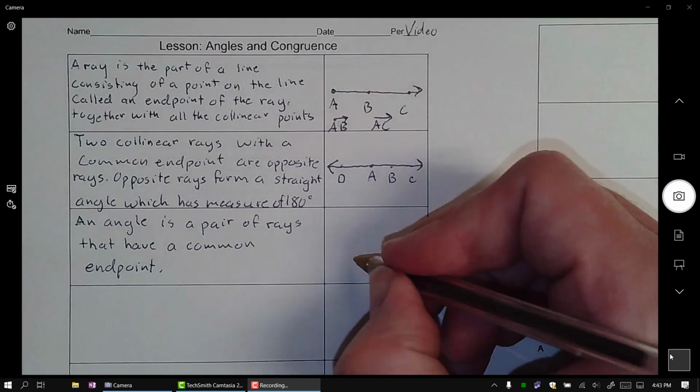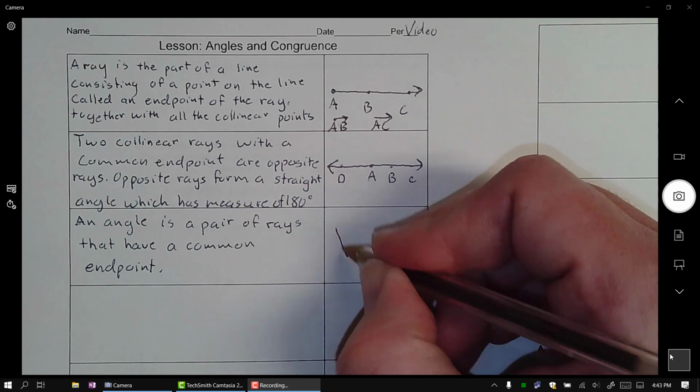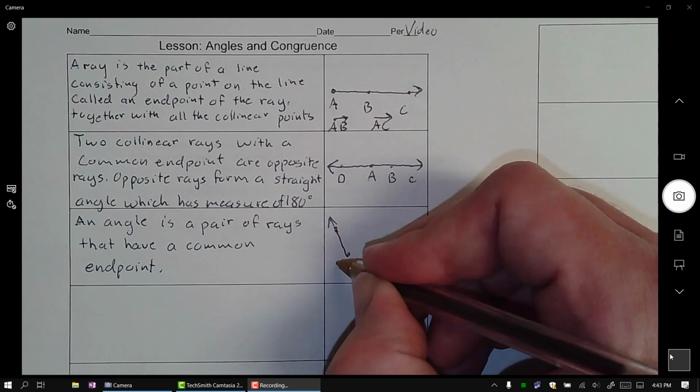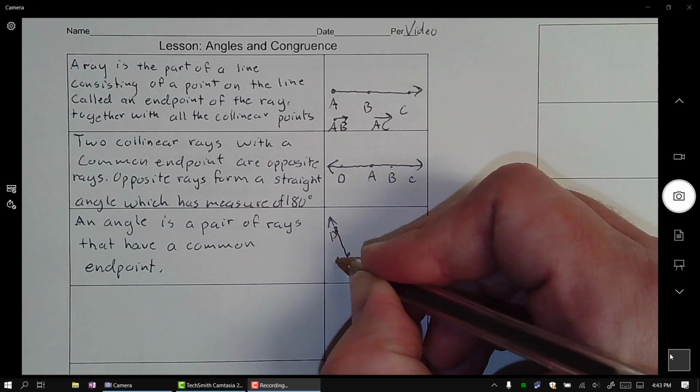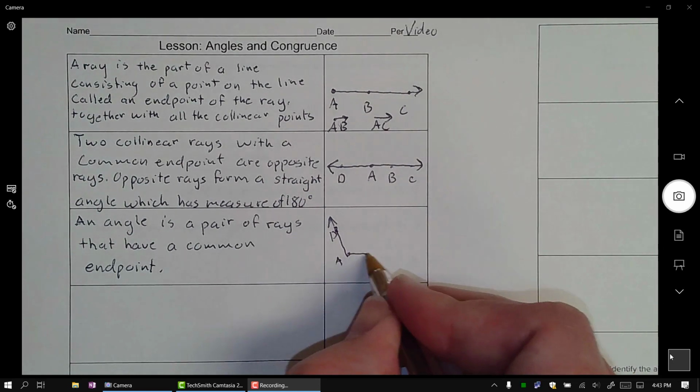So we have our ray AD, and then we have a ray ABC.